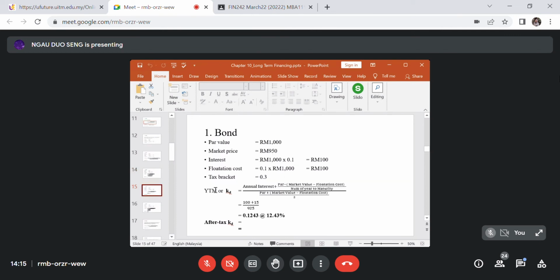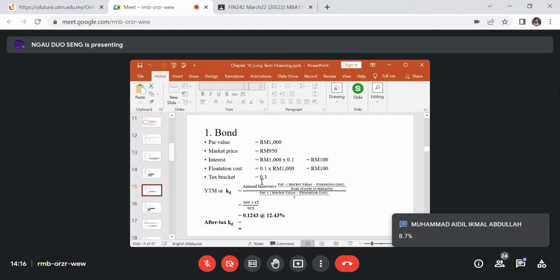So we will get 0.1243, or if we convert, 12.43%. After that, you calculate the after tax. After tax, we use 12.43 multiplied by 1 minus 0.3.